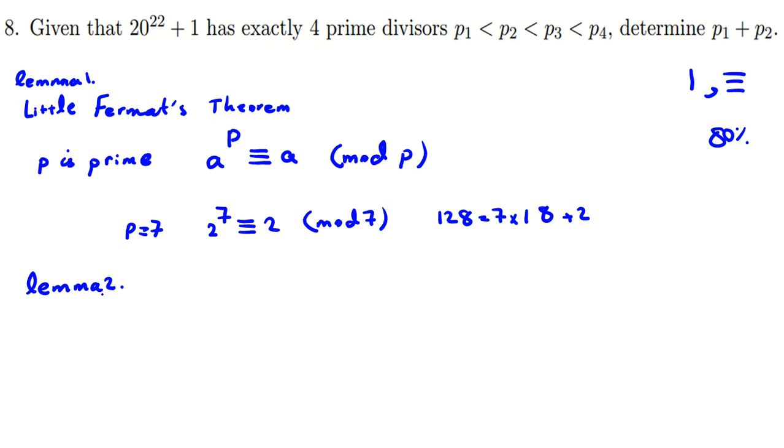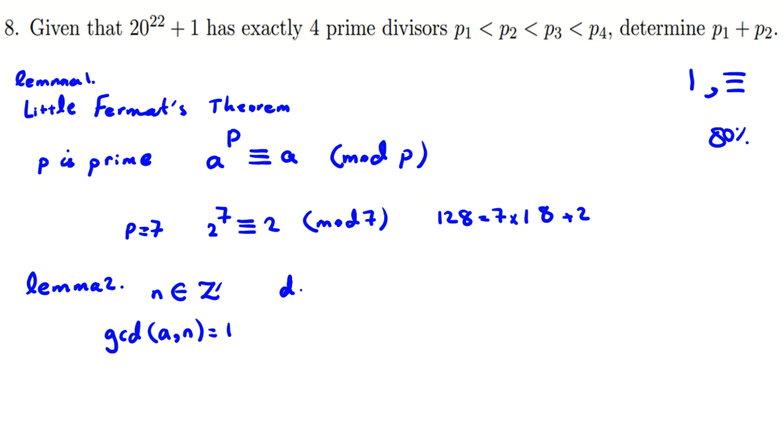If you want to apply for them, what is lemma 2? Lemma 2 is about order. It means what? Suppose that a and p are relatively prime, or let's solve this for a general number. Suppose n is an integer and a and n are relatively prime, meaning GCD of a and n is 1.